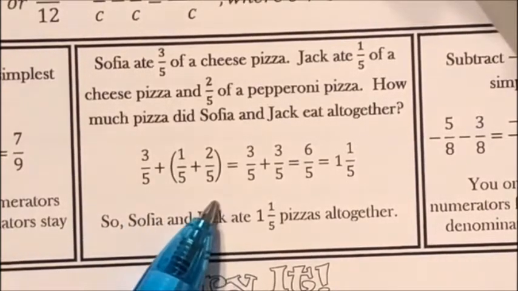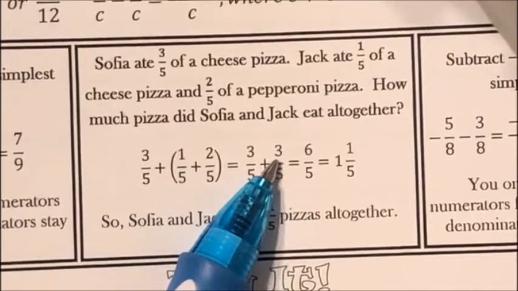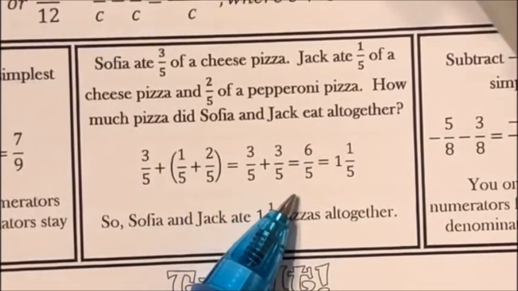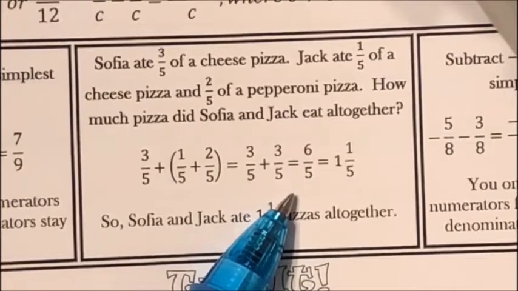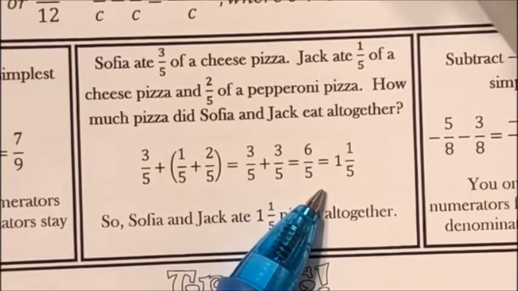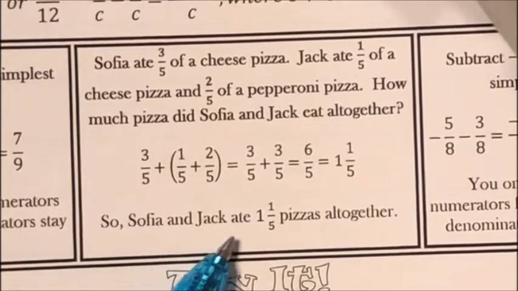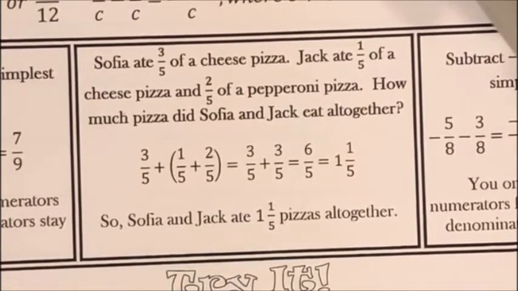These all have the same denominator, so I just have to add the numerators. 1 plus 2 gives me 3. 3 plus 3 gives me 6, so I get 6/5. I want to change that to a mixed number, so that becomes 1 and 1/5. So Sophia and Jack ate 1 and 1/5 pizzas all together.